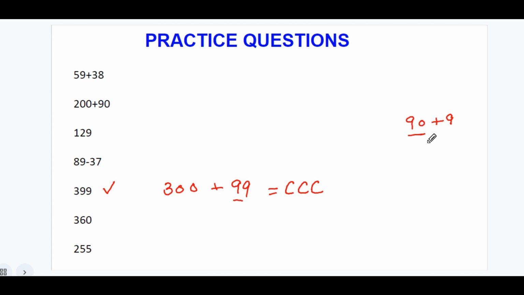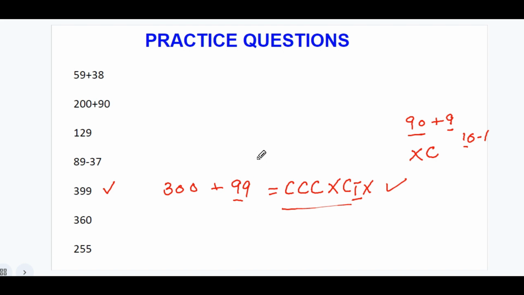And 90 is equal to 100 minus 10, which was C, and X you have to take away from C. So I can write here XC, whereas 9 is equal to 10 minus 1. 10 is X and 1 is I. So this is your answer.